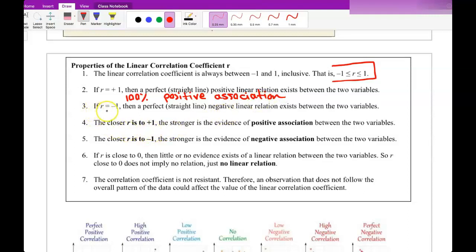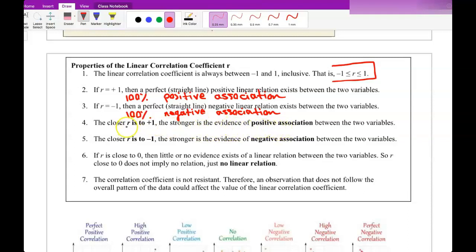Number 3, if R is equal to -1, that is 100% again, but since we have negative, now we have negative association. Okay, so the closer R is to +1, the stronger the evidence of positive association.